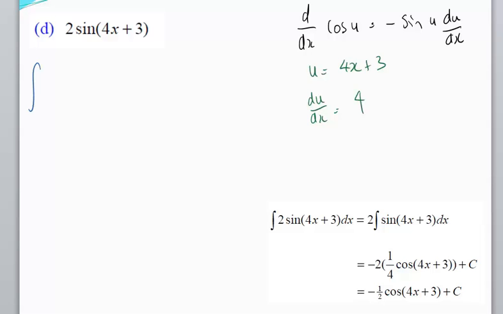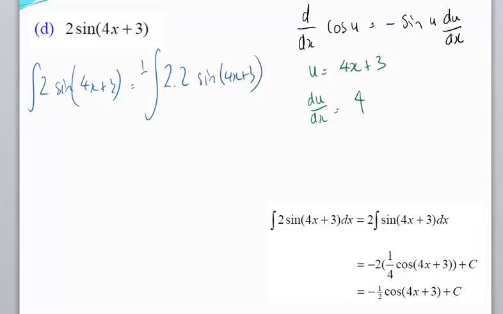We've got 2 sine of 4x plus 3, and to get this, 2 times 2 will give us our 4 sine of 4x plus 3. Out the front, we're going to multiply by a half. So we have a half, our integral of 4 sine 4x plus 3 dx, and we follow this through.